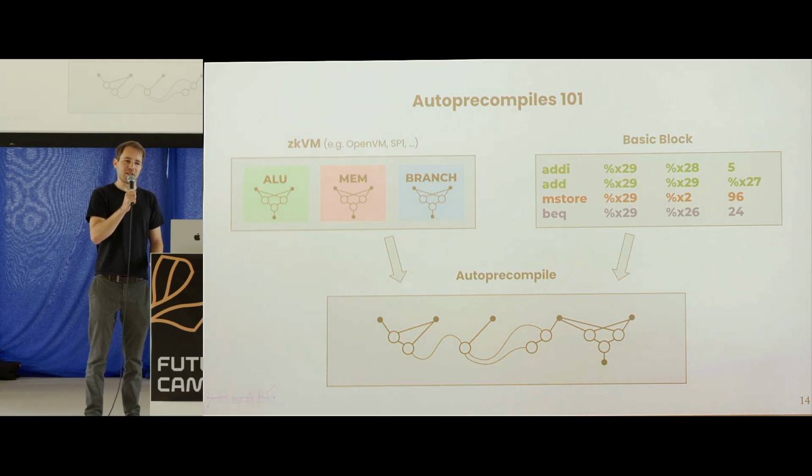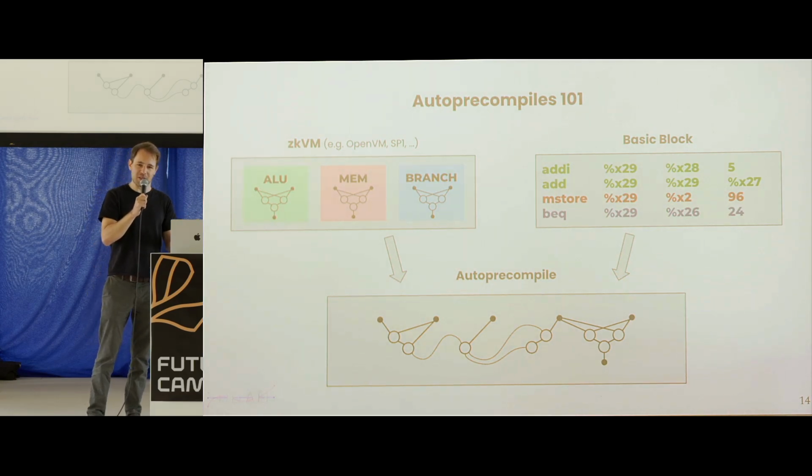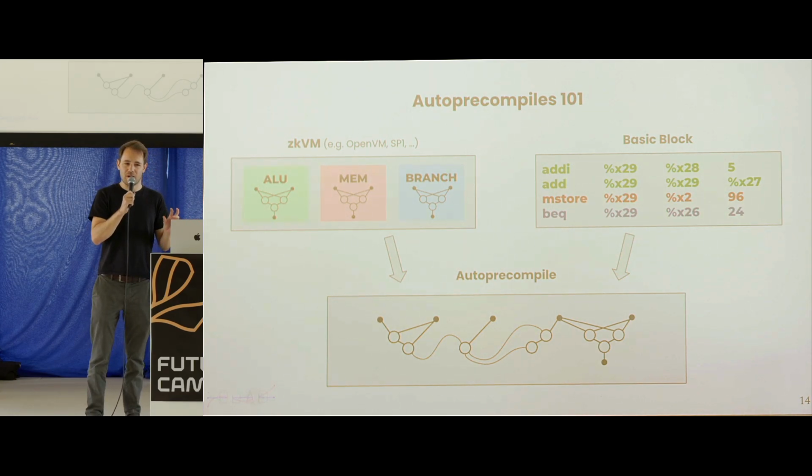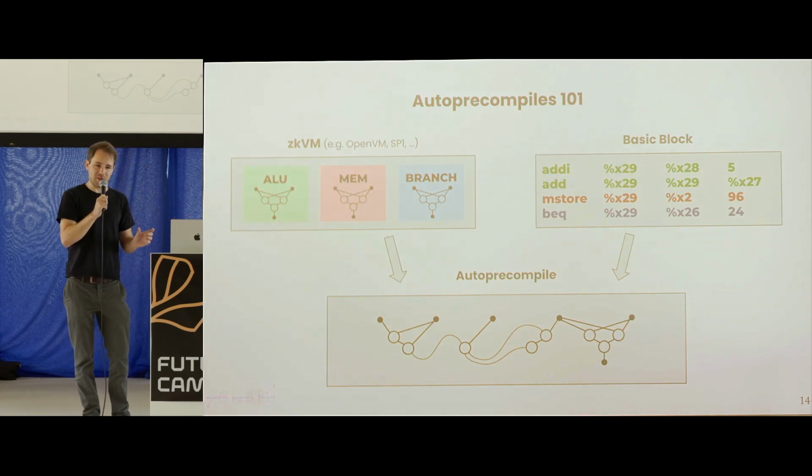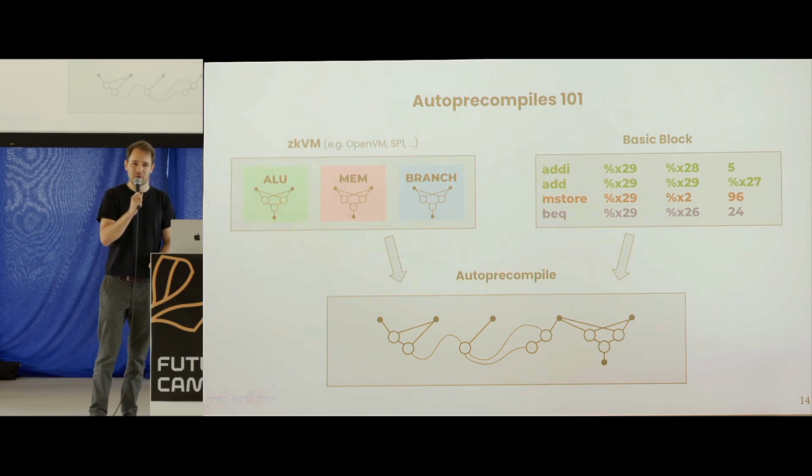I would say typically in this optimization step, we see a factor 3 to 4 time improvement for the specific basic block. But it can also go higher. We also see examples where it's more than 10, but 3 to 4 is a very common factor.